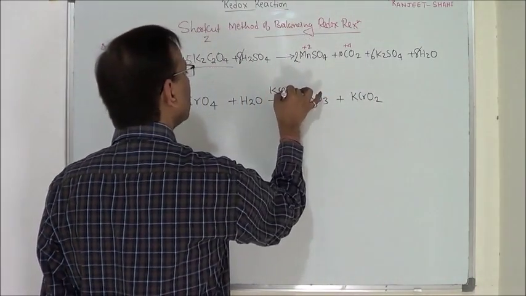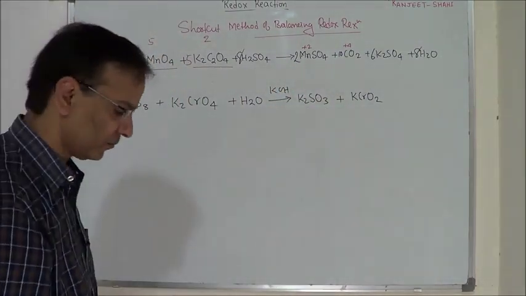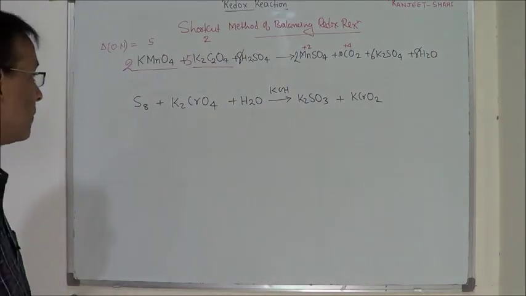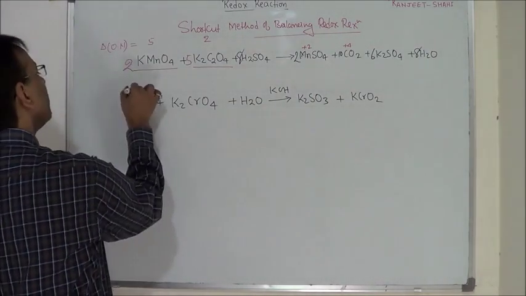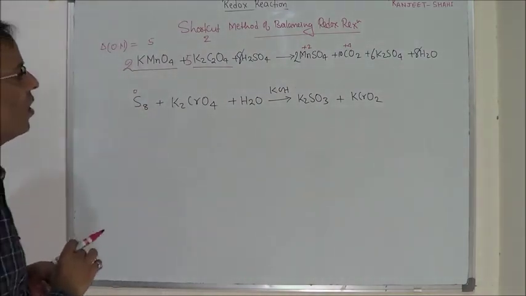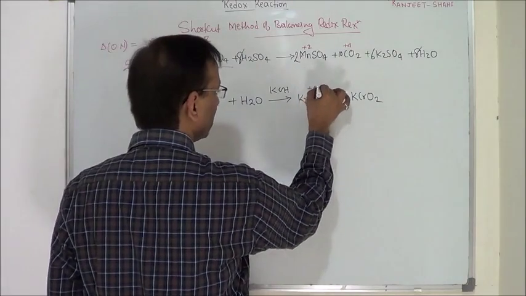Medium is alkaline, so wherever KOH is required, we would be using that. Here we have 8 sulfur, and each sulfur is in 0 oxidation state. On the right side, we have sulfur in +4 oxidation state.